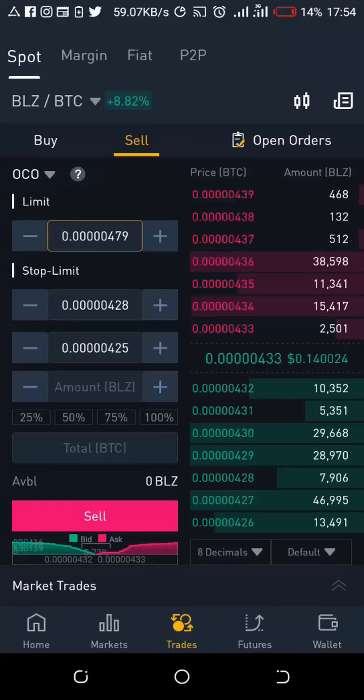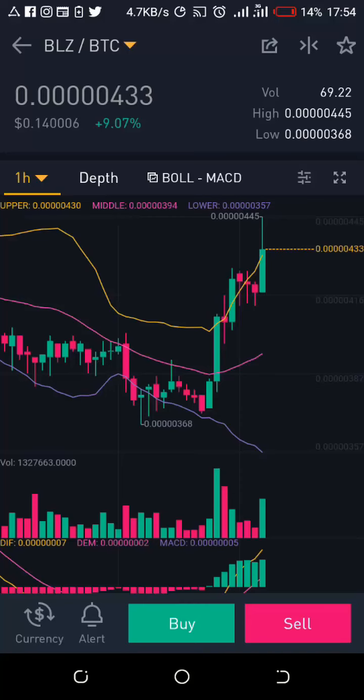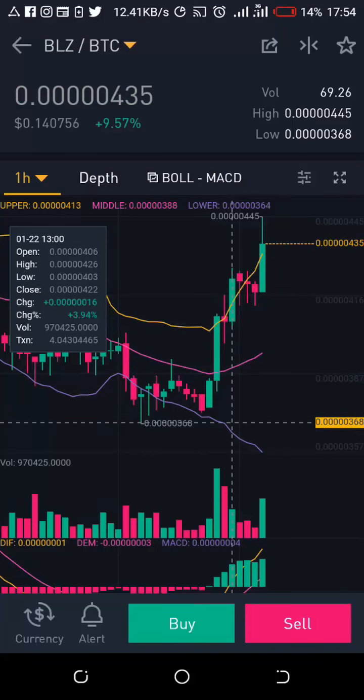Let's go back to this. On the chart, this is where we entered this trade from this bar. And if you look at this chart, it is a 1 hour chart. Okay, this is where we entered. So the first target was here.